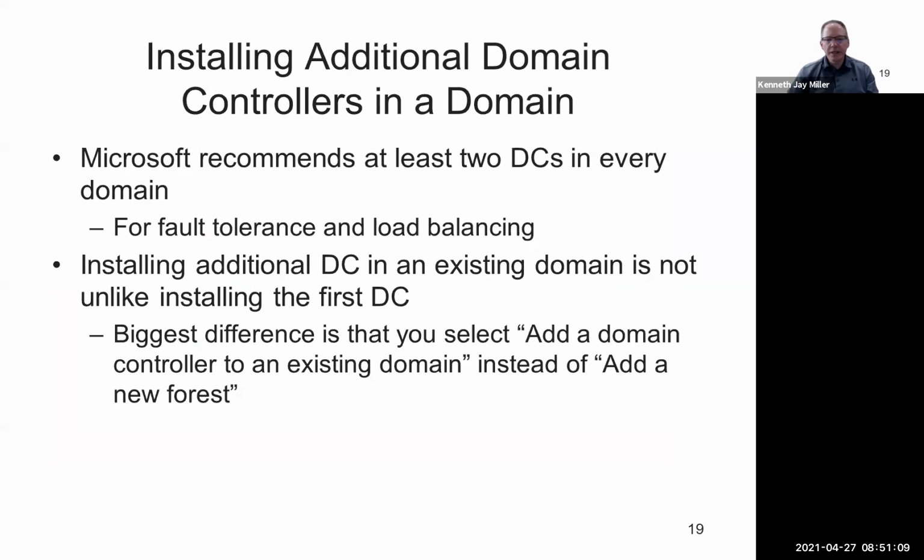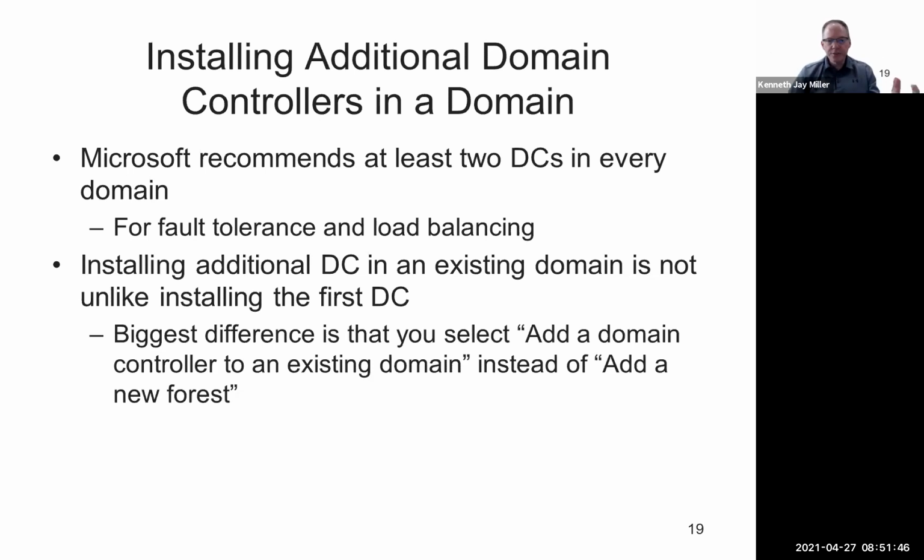All right. Now, Microsoft recommends that you have at least 2 domain controllers in every domain, and that's for fault tolerance and load balancing. And where does the load balancing come in? We don't set up load balancing. This happens automatically with the replication. So if we have server1.cnet.lab and server2.cnet.lab, and we install the Active Directory role on both of them, it will automatically replicate.